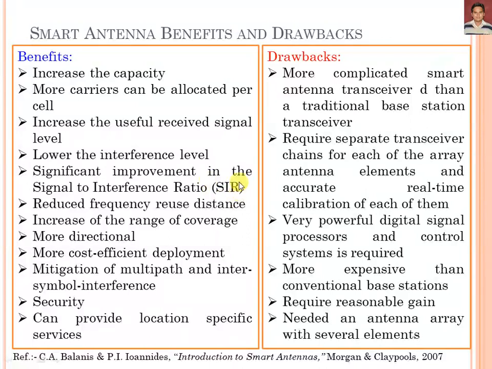This is important in the case of smart antenna systems. Reduced frequency reuse distance, increase of the range of the coverage. This is the second important factor that we have discussed in this lecture. It becomes more directional, most cost efficient deployment, mitigation of multipath and intersymbol interference, and security is another important factor.